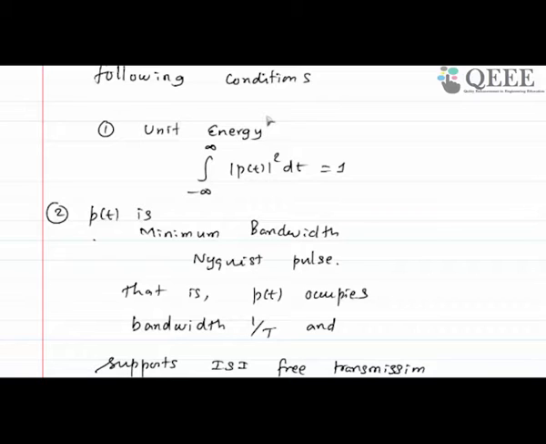If you are sending a symbol rate of 1/T, the minimum bandwidth you need is 1/T. So everything is compared in a fair manner, and we don't want to change the pulse for different schemes. We assume the pulse has unit energy and occupies the minimum bandwidth satisfying the Nyquist criterion, which is 1/T, the symbol rate.